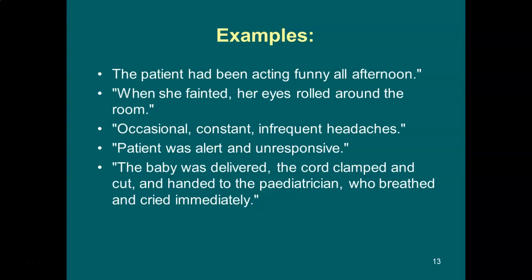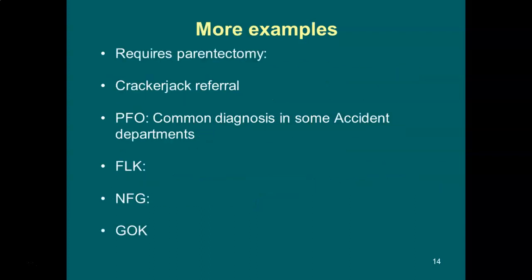Patient was alert and unresponsive. The baby was delivered, the cord clamped and cut, and handed to the paediatrician, who breathed and cried immediately. They're very vague, aren't they? I'm sure you can just about make out what the person was trying to say, but they're not very good. Don't be the person that writes something like that.